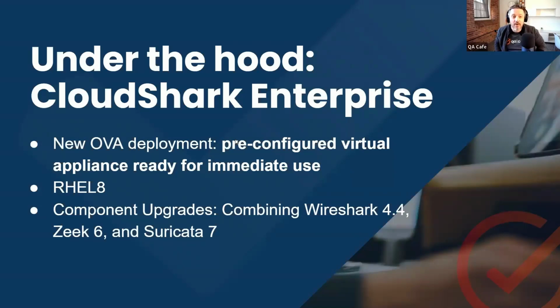And we're now running on Red Hat Enterprise Linux 8. And Tom talked about the component upgrades behind the scenes, right? So now CloudShark Enterprise is combining Wireshark 4.4, Zeek 6, and Suricata 7 into one tool that lets you pivot between the different views, right? So it's processing that pcap using all of those things at our disposal and letting you work between them to go from one place to the other, pivoting on the packets.